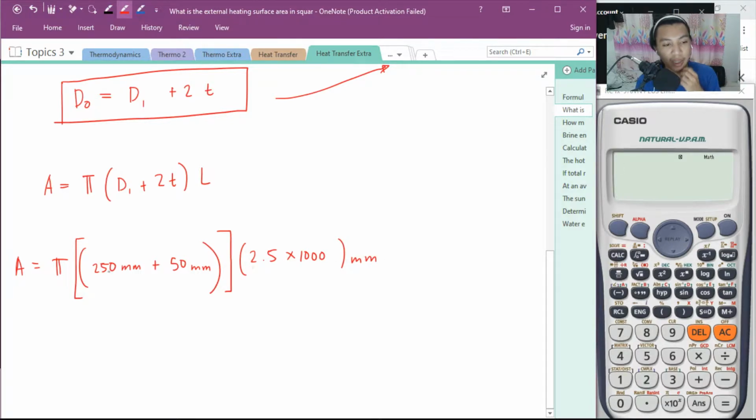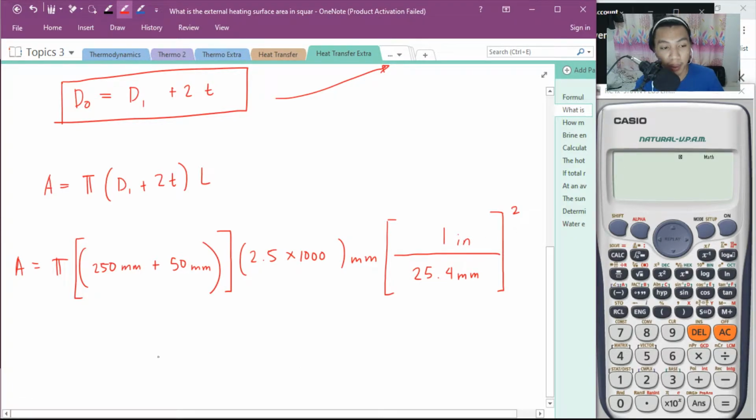Now, if this is millimeter squared, ang kailangan natin is inch squared. Diba? Then, we can have this, diba? Ilang millimeter per inches? That is 25.4 millimeter. 1 inch. But, the problem here, naka-square yung millimeter. So, i-square natin to.